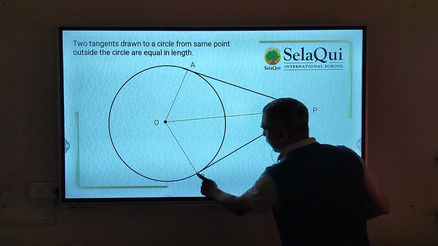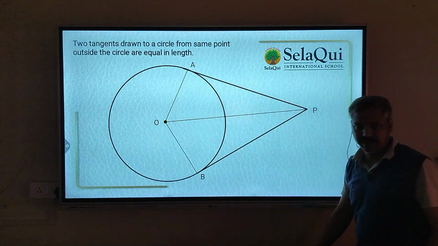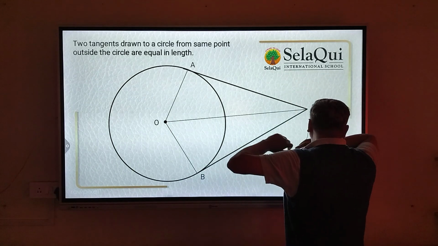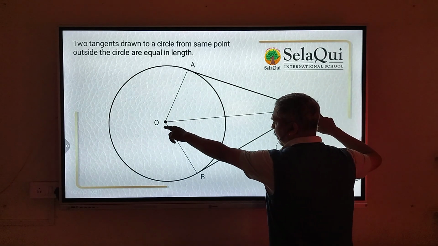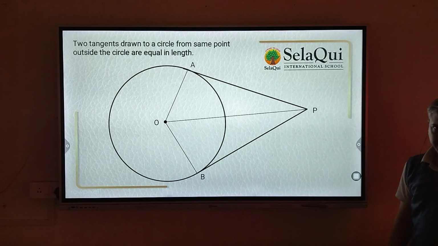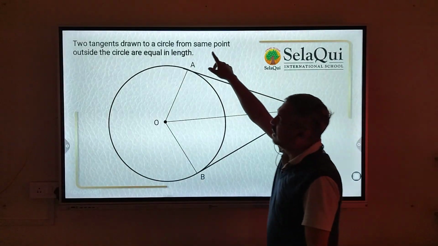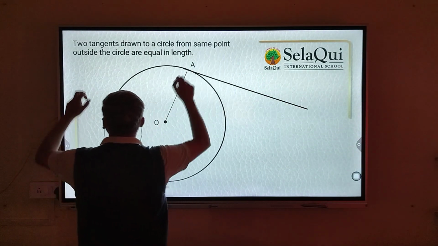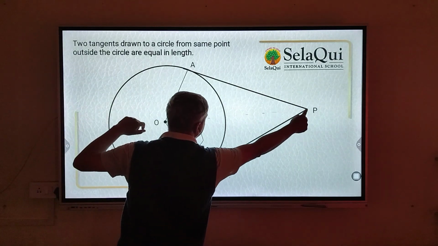From the same point P, the second tangent is drawn, this is the radius. OP is the distance of this point P from the center.